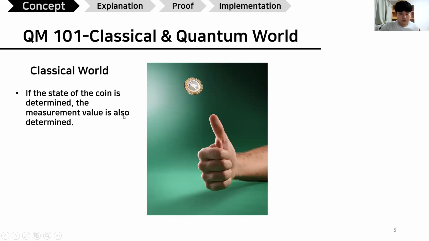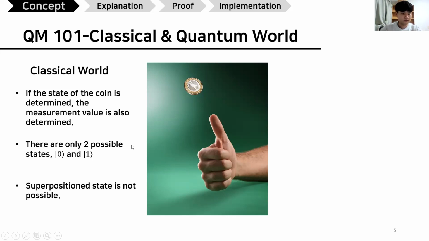This means if the result of the coin toss is head, it is just 1, or if tail, the result is 0. So there are only 2 possible states, 0 and 1. This is also called a classical bit. So a superposition state is not possible in classical mechanics.